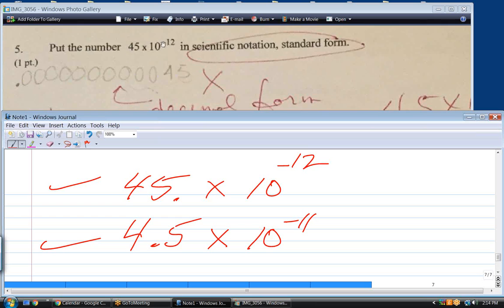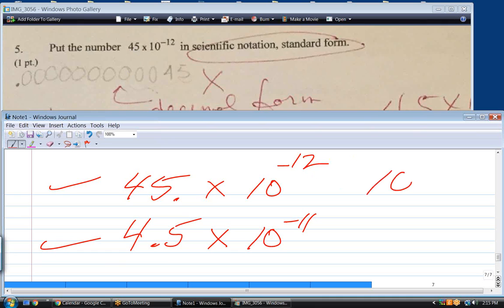It's easier to start with that, move the decimal point 1 to the left, and add 1 to the exponent. And that's the only thing you have to memorize with scientific notation. You have to know that this number has to be between 1 and not 10. It cannot be 10. 9.999 is fine.